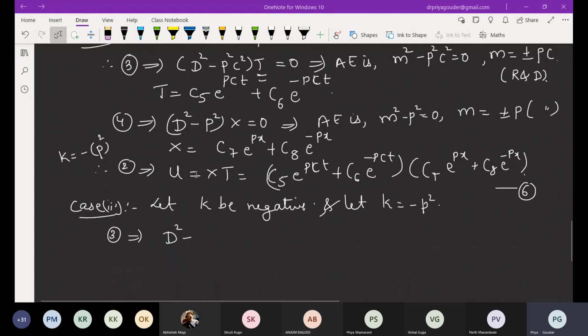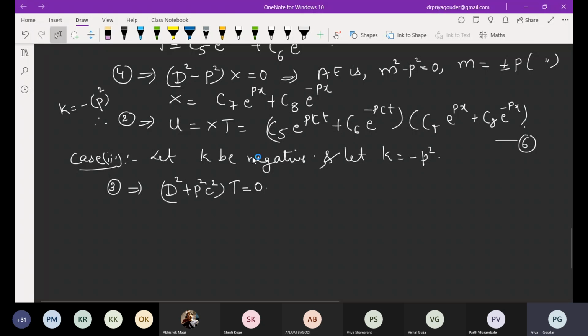Very good. Plus P square C square into t equal to 0. Correct? All of you agree? This is still a second order differential equation only. How to solve it?